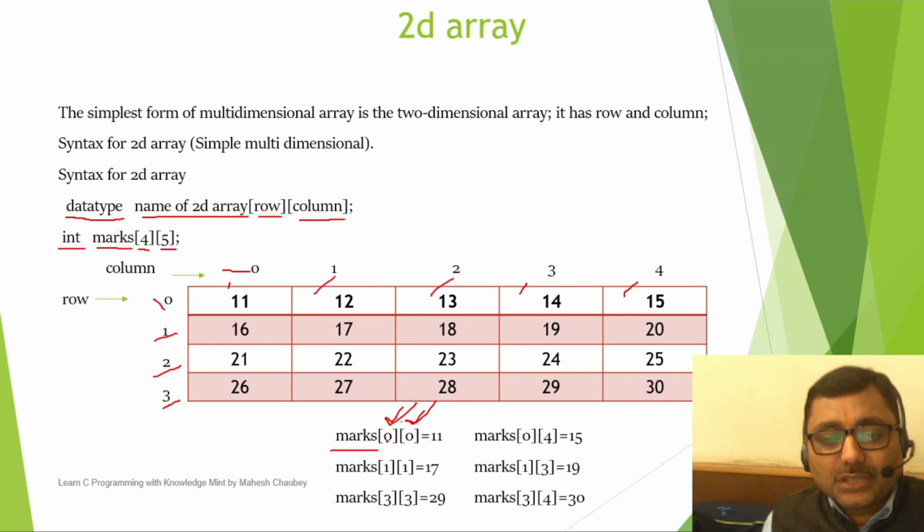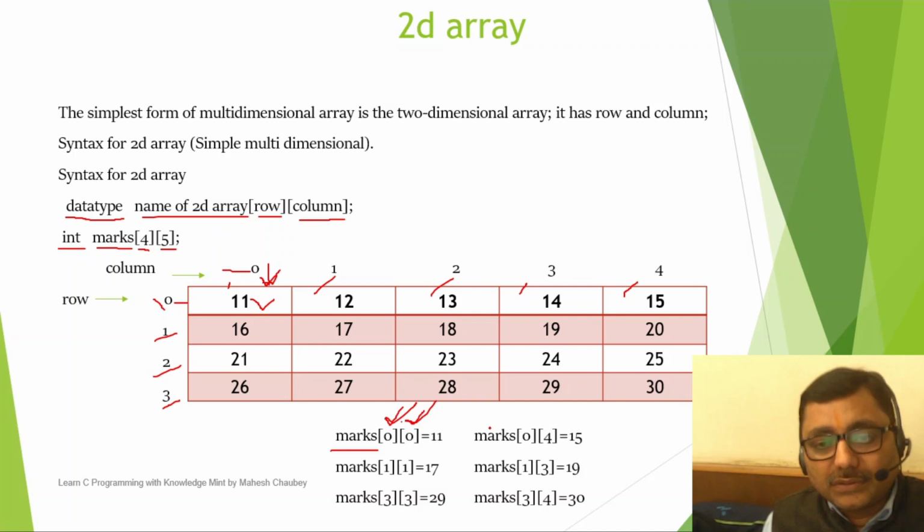So we are talking about row 0 and column 0. This is the index for row 0, and this is the index for column 0.